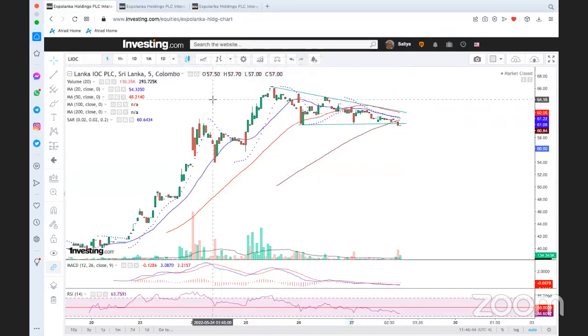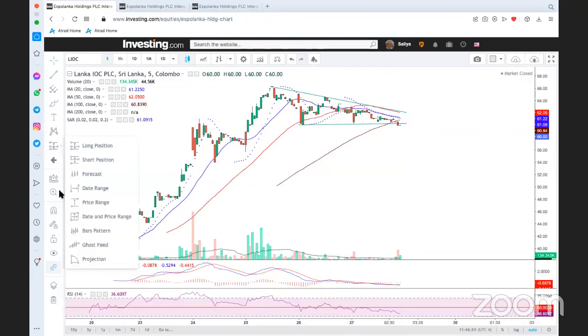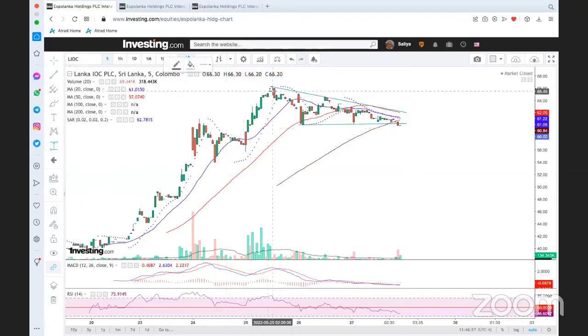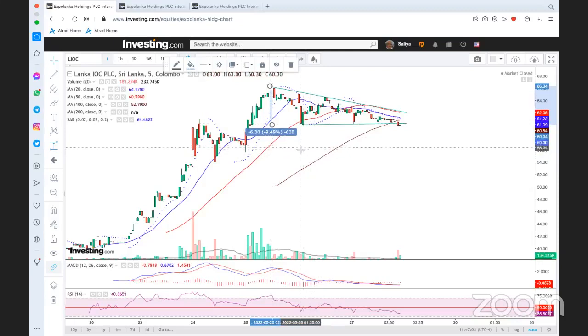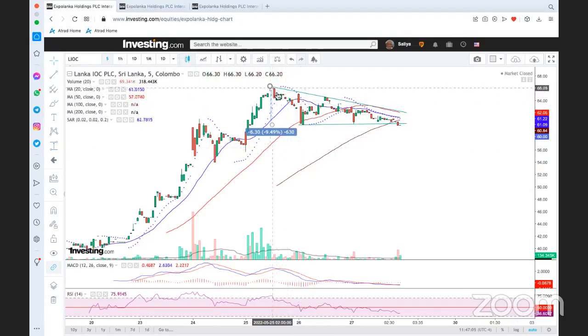These are 5-minute candles. So in 5 minutes, we need to understand the return on investment, ROI, right? Now take this area. This is the top now. You take from this top to this level. Visually, it's a huge fall, but we are talking of a 9.49% drop, right?